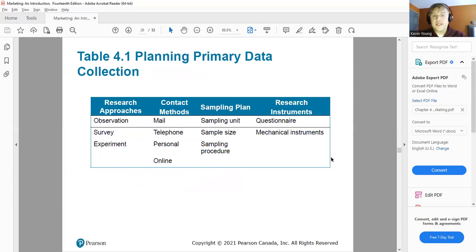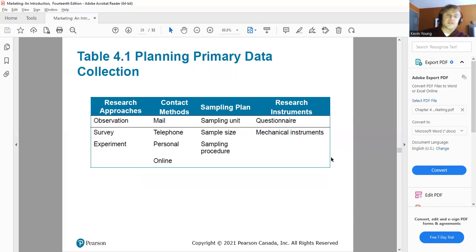Planning your primary data collection. So research approaches, maybe it's observation. And you send something out in the mail. And that could be a questionnaire. You could do a survey by telephone. And that would be a mechanical instrument. And then finally, it could be an experiment, could be in person.